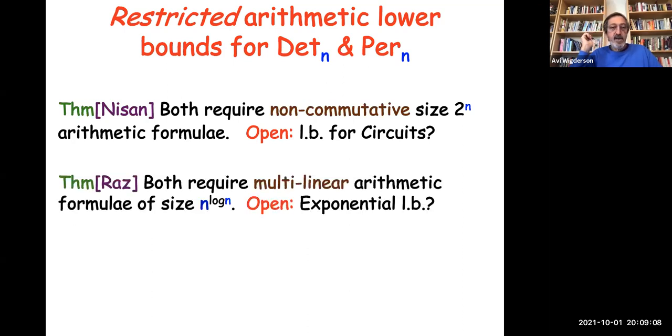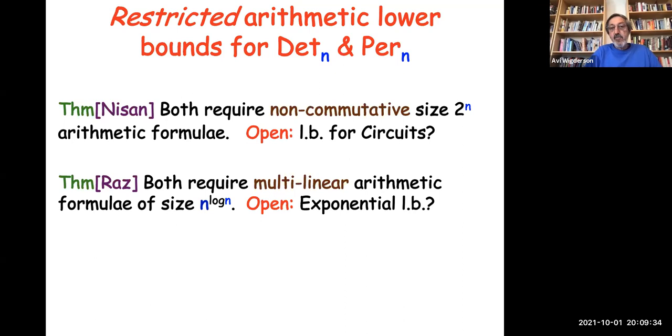Another beautiful result is a lower bound of n to the log n on commutative formulas for permanent or determinant which are multilinear. Of course, determinant and permanent are multilinear polynomials. We can hope that we can compute them without introducing anything that's not multilinear in the intermediate computation.